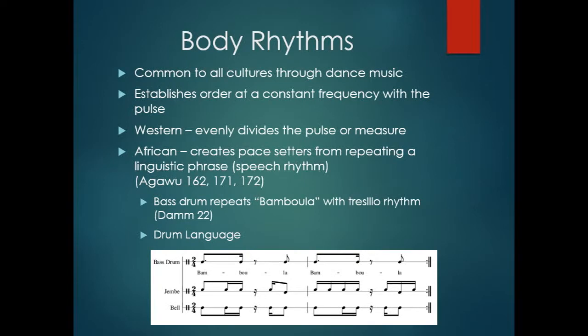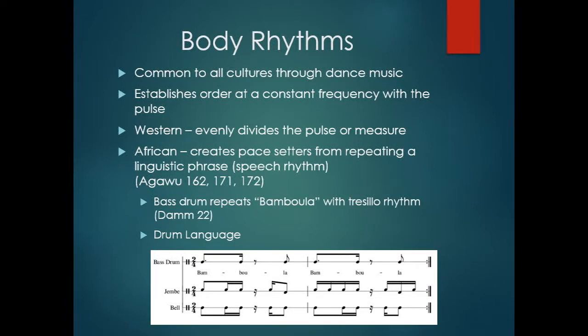But the African body rhythms are created by repeating a linguistic phrase. So this would give freedom for the body rhythm to adjust and not be rigid, as a rigid division or even division as in Western music.